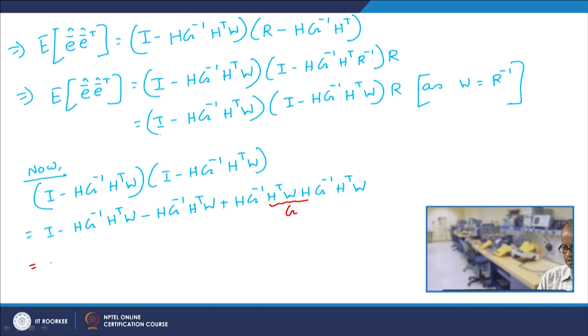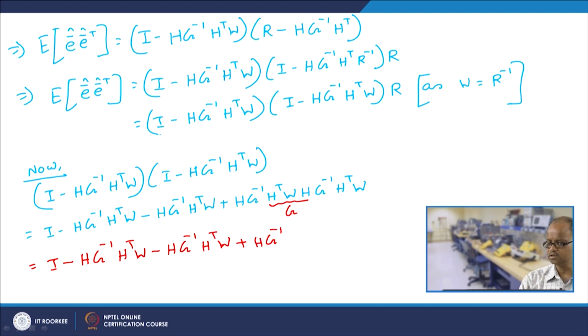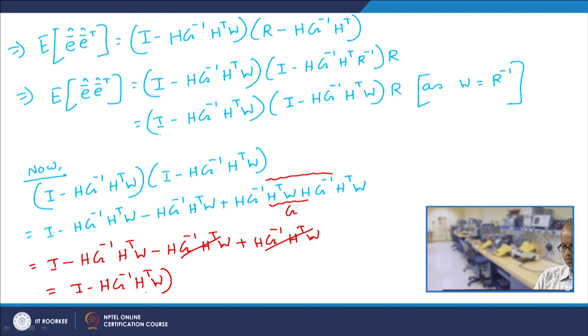So, then therefore, it becomes I minus H G inverse H transpose W minus H G inverse H transpose W plus H G inverse H G inverse, this is G into G inverse is I. So, this term cancels out, H transpose W. So, this and this cancel out. So, this becomes I minus H G inverse H transpose W.